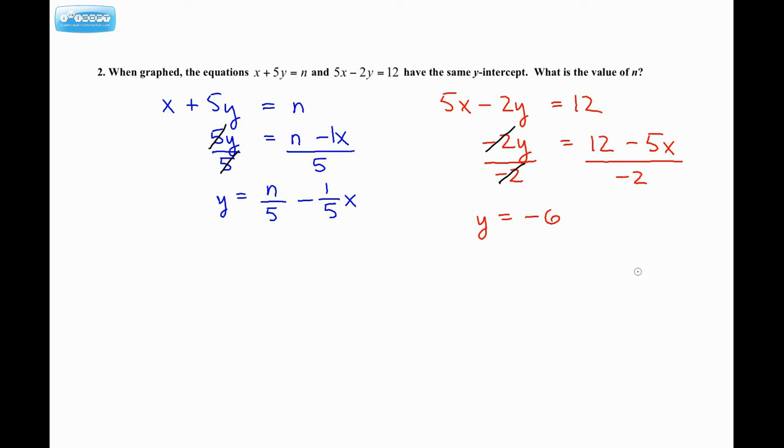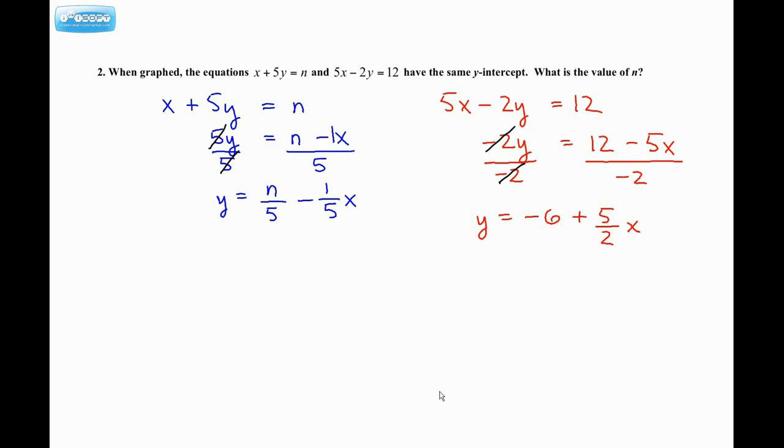Well, I know a negative over a negative is positive, so I'm going to get my positive sign in there right now. I know that 5 over 2 is not reducible, so I'm just going to leave this as 5 over 2. You can keep the x in the numerator here with the 5, or float it over here. So here's my line. Its slope is 5 over 2, and the y-intercept is -6.